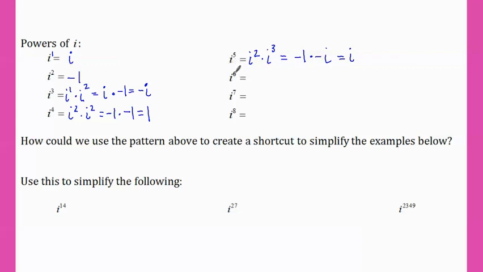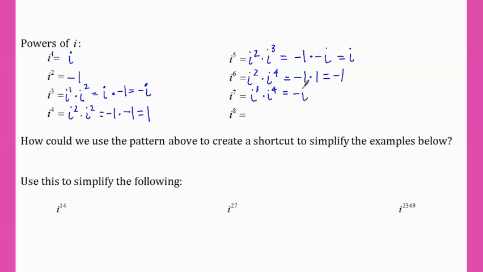For i to the sixth, we want two things that add up to 6. Let's use 2 and 4. So we're going to have negative 1 times 1, which is negative 1. For i to the seventh, we need two things that add up to 7. I'm going to use 3 and 4.